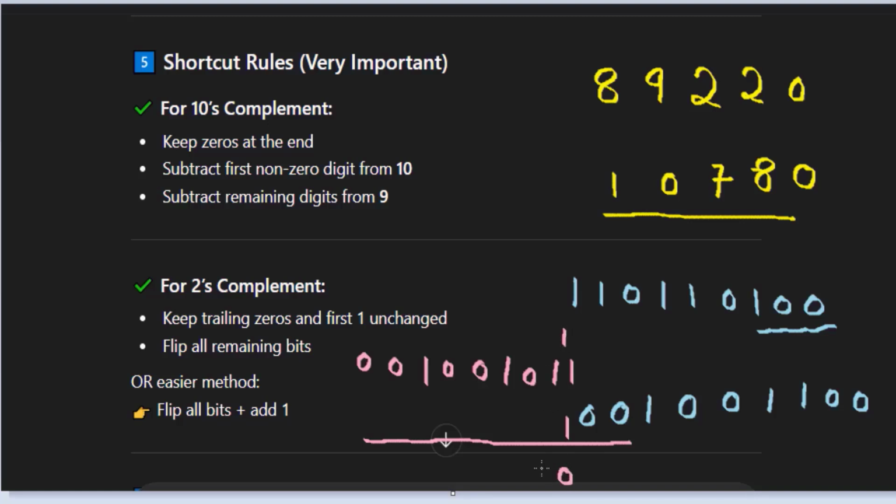Now 1 plus 1 will also give me 0 and 1 will be carry, and now 1 plus 0 will give me 1, and so I get 1 0 0 1 0 0. Now look at this one, they are identical. This number and this number are the same. So this is the shortcut and very important rules for these complements.